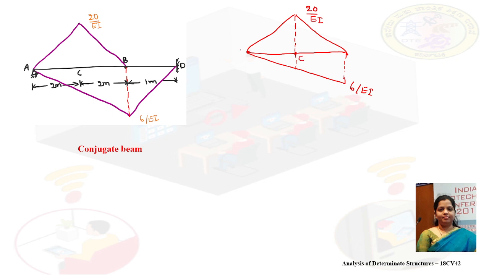This is the point C. So at point C, by interpolating, the value becomes 6 by EI. The distance is 2 meter from BC and the distance of AC is also 2 meter.